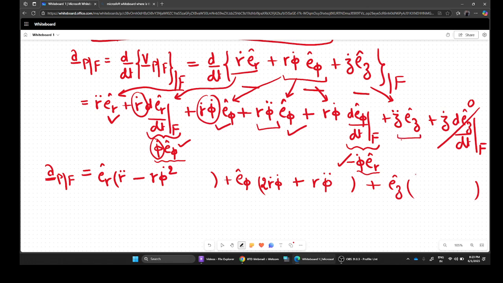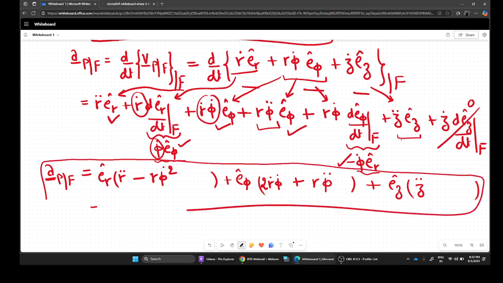Left only with one component here, which is Z double dot. So this is the final expression in the most simplified form for the acceleration of particle P with respect to F when I use the cylindrical polar coordinate system as my working coordinate system.